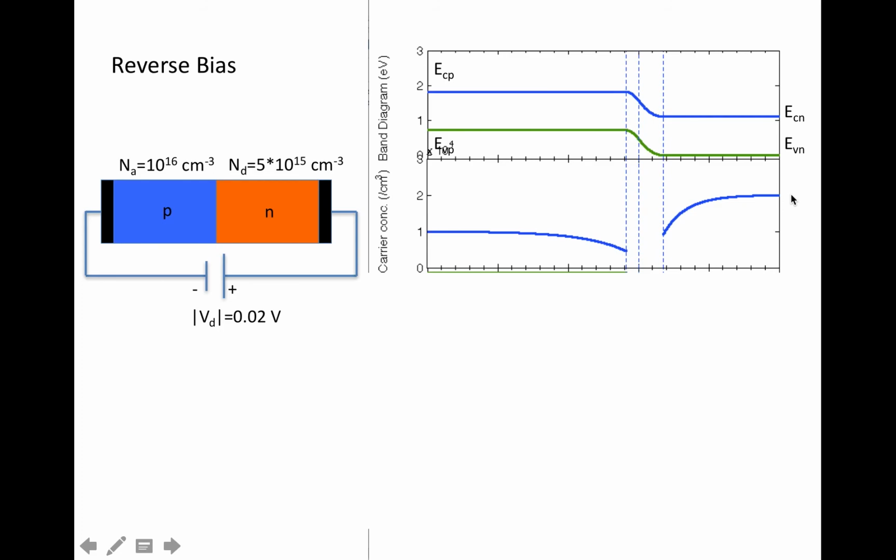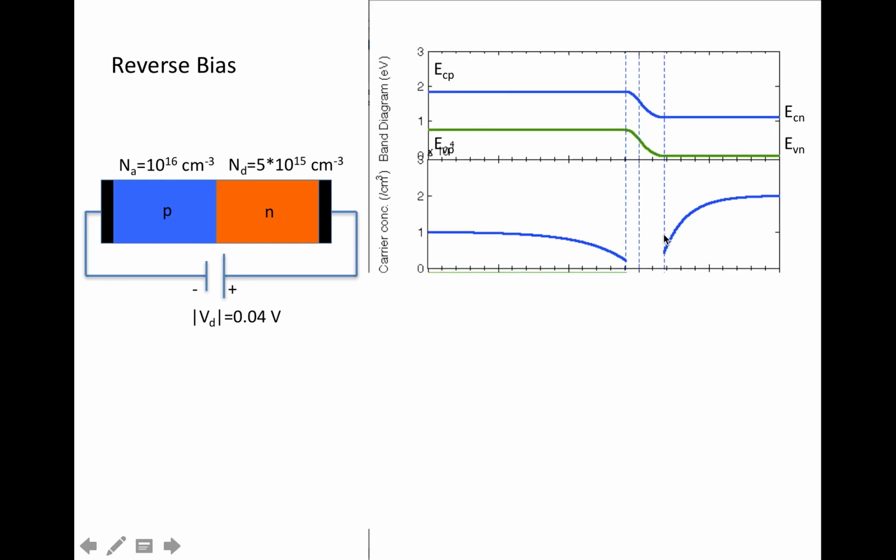Now if we apply a negative voltage to the P side, basically reverse bias, then we can see that the minority carrier density at the edge of the depletion region actually decreases. In forward bias it was increasing at the edge of the depletion region. In reverse bias, the minority carrier density is actually decreasing.